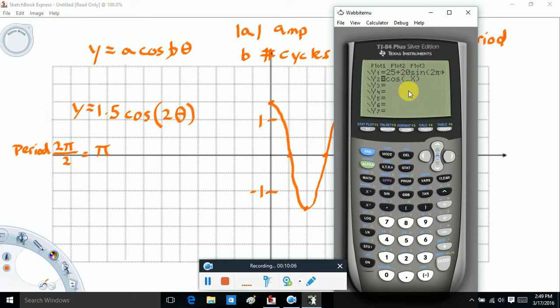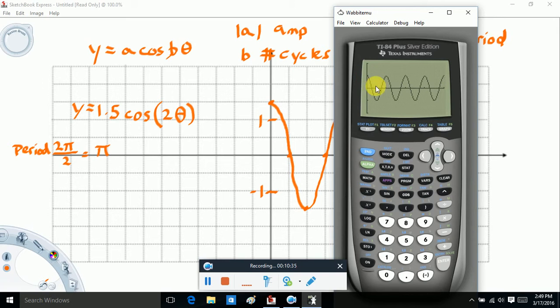Okay, so we're plotting cosine of 4x. So in our window, I think we had 0 and 2 pi, and then we're going in increments of pi over 2. And our y minimum was negative 2 and our y maximum was 2. Let's see what happens when we graph this.